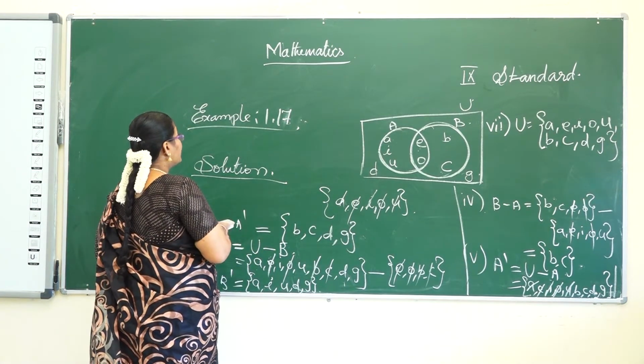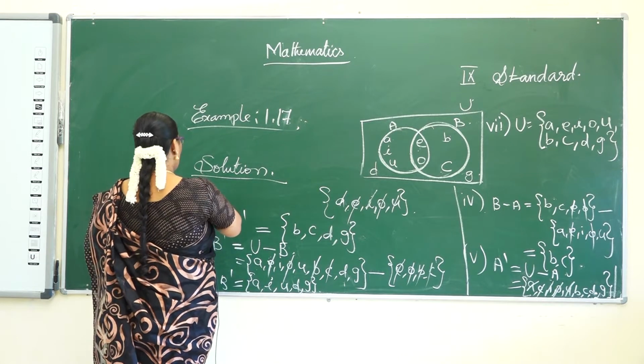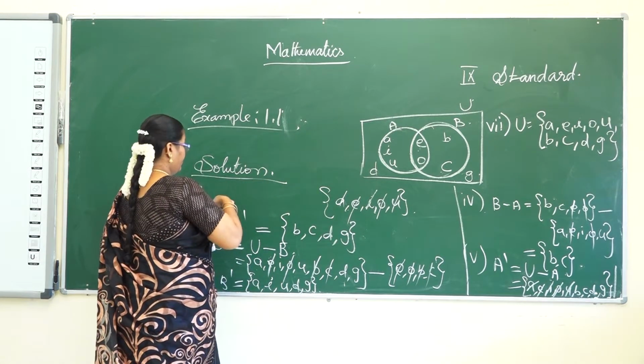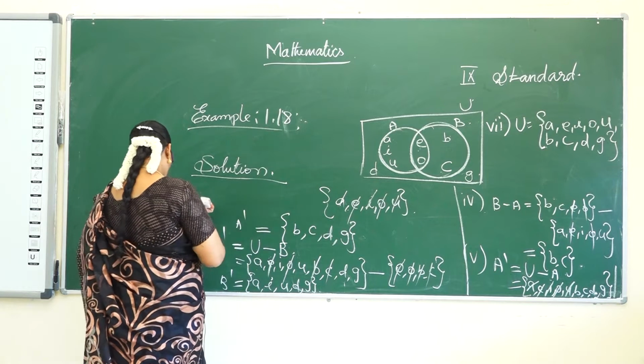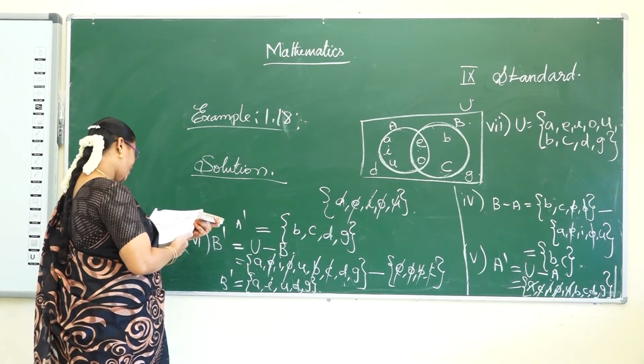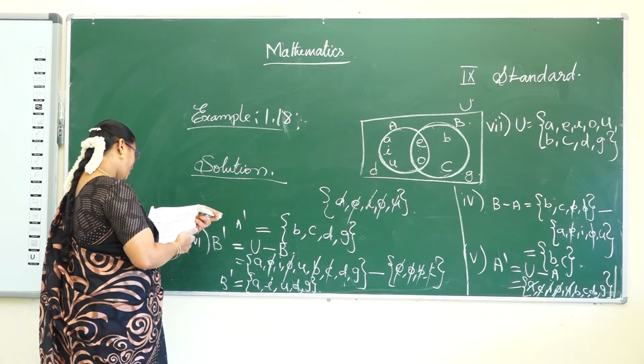Okay, now move to example 1.18. Draw the Venn diagram and shade the region representing the following sets.